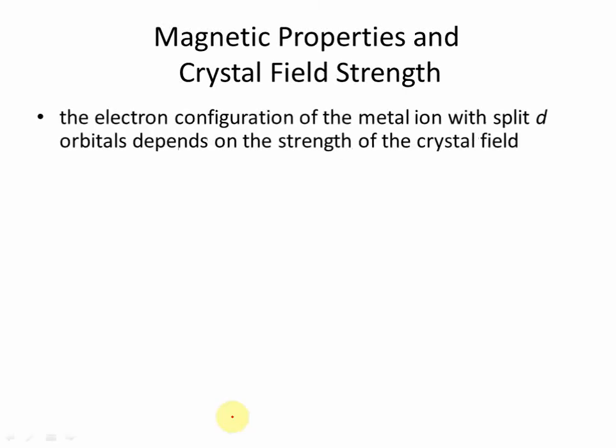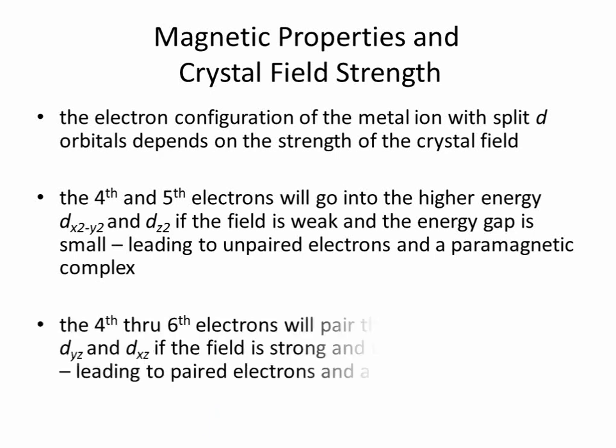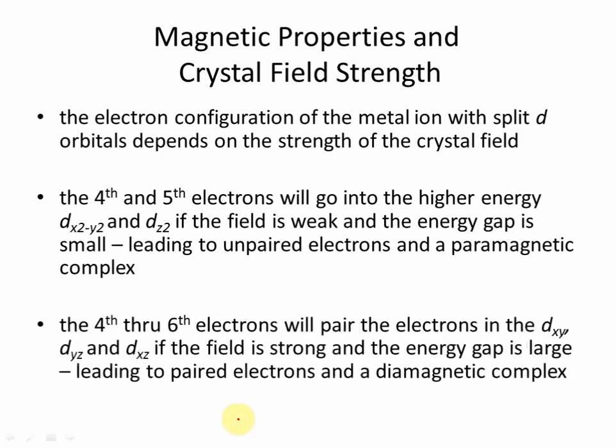The 4th and 5th electrons will go into the higher energy dx² minus y² and dz² orbitals if the field is weak and the energy gap is small, leading to unpaired electrons in a paramagnetic complex. The 4th through 6th electrons will pair in the dxy, dyz, and dxz orbitals if the field is strong and the energy gap is large. This leads to paired electrons in a diamagnetic complex.